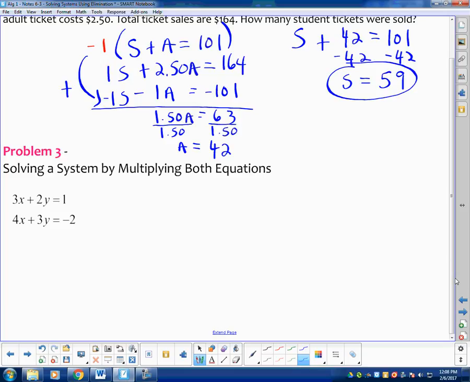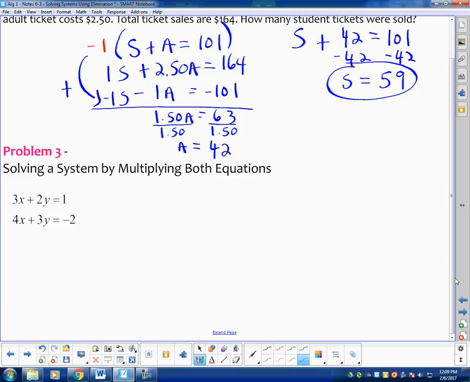What's the smallest number that they can each divide into? 12 is the smallest one that they'll both go into, right?